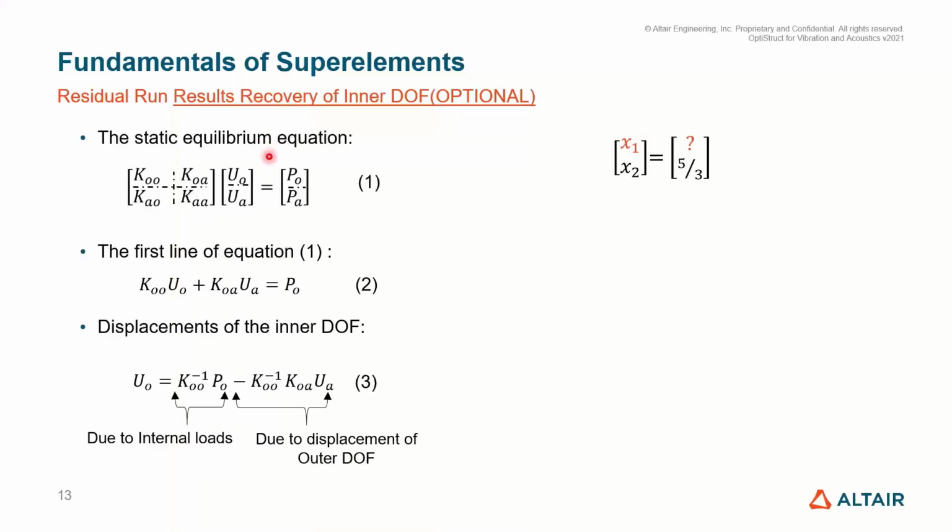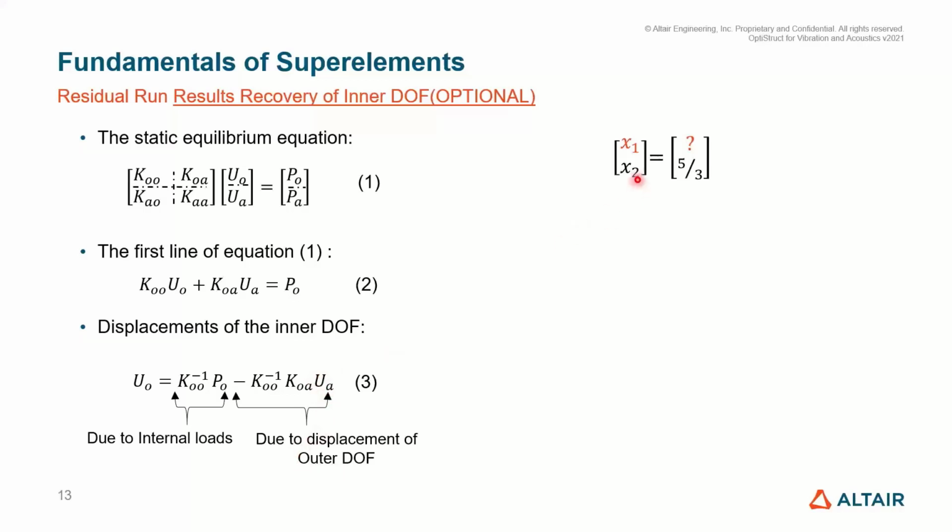In previous slides, we got this expression for UO, the inner degree of freedom displacement, by partitioning and reorganizing. We can see that there are two parts. This part is due to internal loads, PO. Second part due to the displacement of UA, the outer degree of freedom.